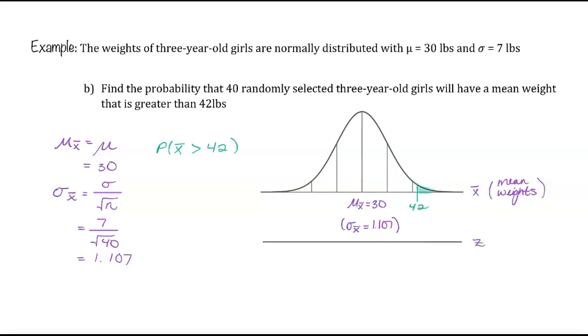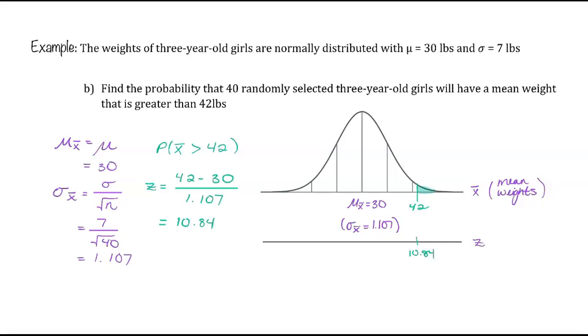This translates to a z-score equal to 42 minus the mean, 30, divided by the standard deviation, 1.107. We have a z-score of 10.84. That's almost 11 standard deviations above the mean. We should expect a very small area, or a very small probability of being to the right of 42.